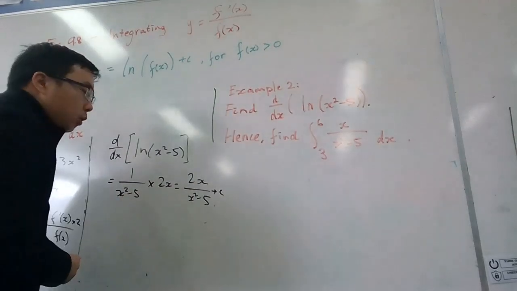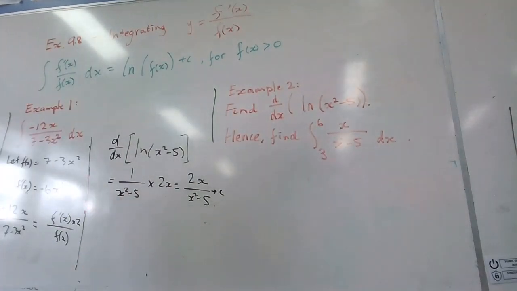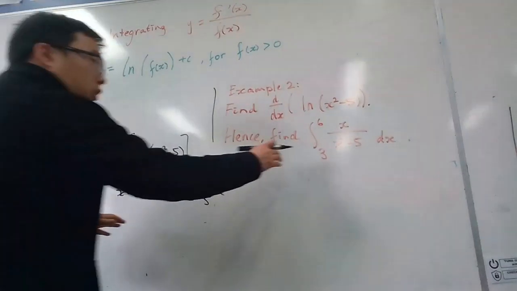Okay, so that's just a step, a checklist, a checkpoint you should make sure that you get right. So we get to 2x over x squared minus 5. From here, I'm just going to write this in here, right?